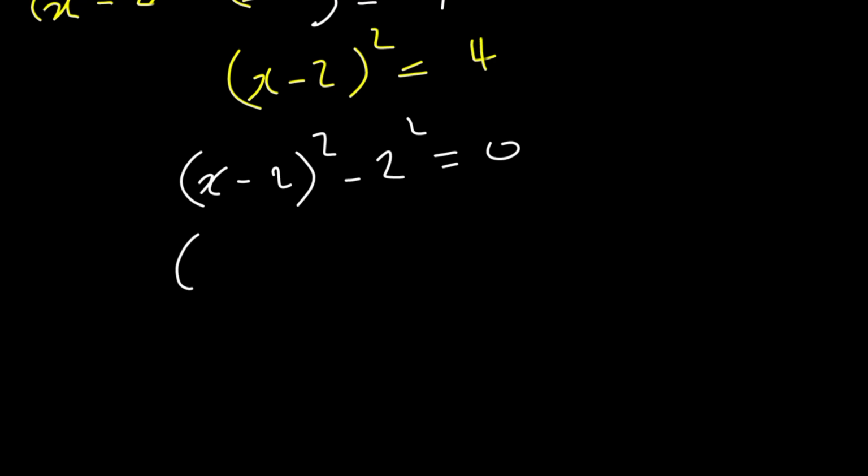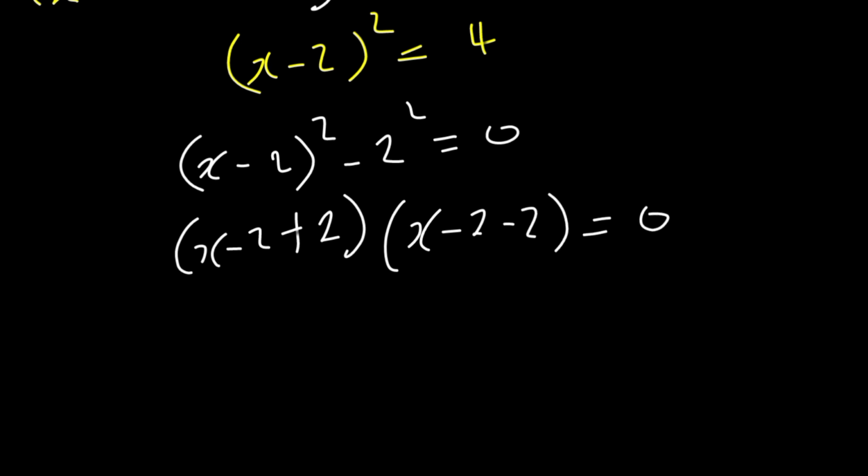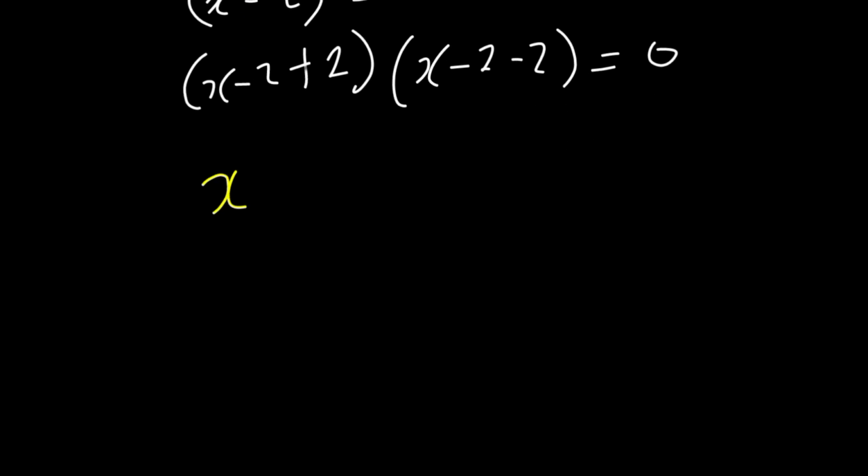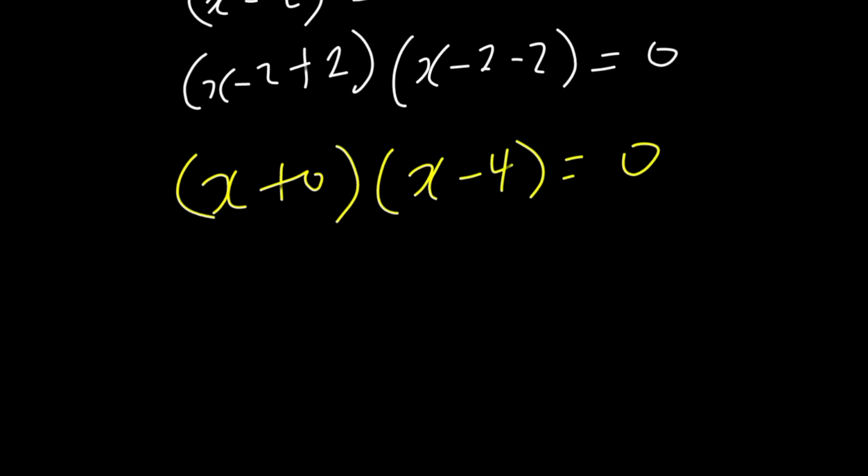So we have (x−2+2)(x−2−2) = 0. Therefore, (x+0)(x−4) = 0. Therefore, we find out that x = 0 or x = 4.